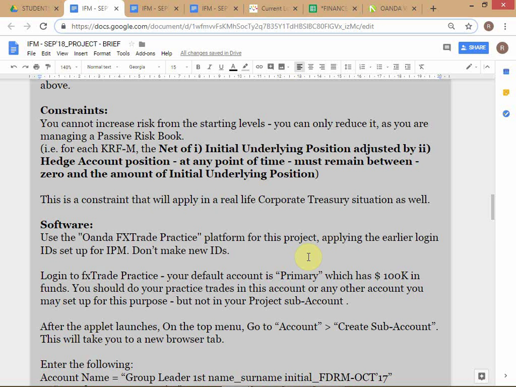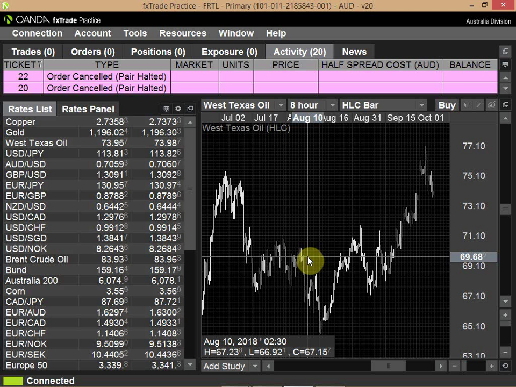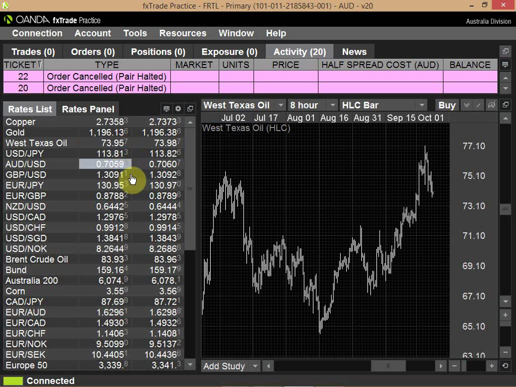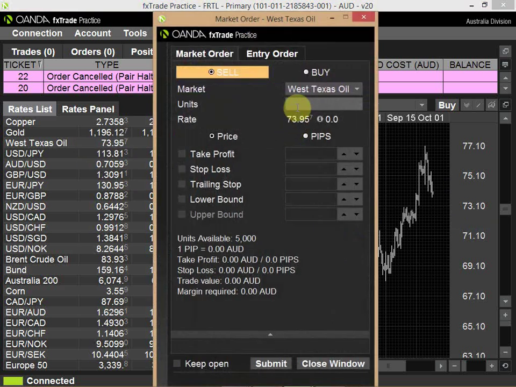The initial underlying position is what you saw on the balance sheet. Now the hedge account position: let me do something on the hedge account. Let me assume that my view is bearish, so I'm just going to sell. We discussed the bullish view, but let me assume that my view is bearish.